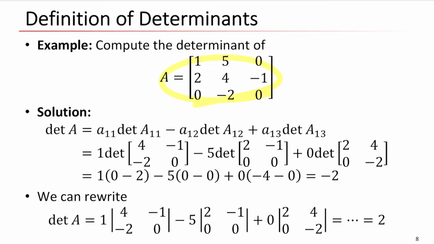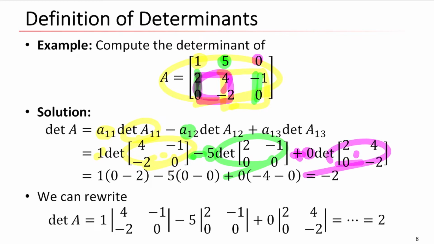Let's try to compute the determinant of the matrix A. First of all, what I want to do is A11 times the determinant A11. Next, A12 times determinant A12, and A13 times determinant A13. So 1 times the determinant of this one, and minus 5 with this one here, plus 0 with the determinant here.